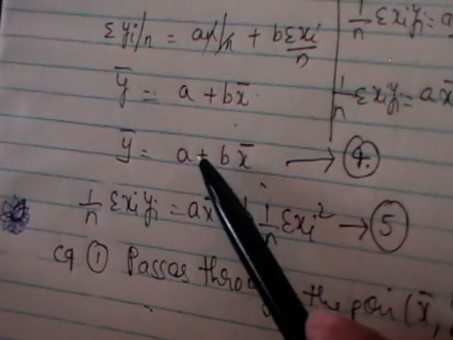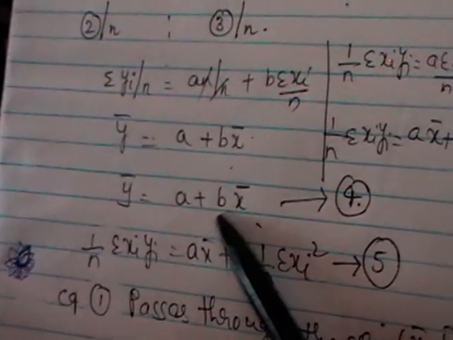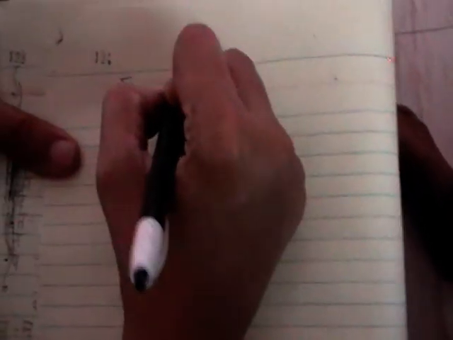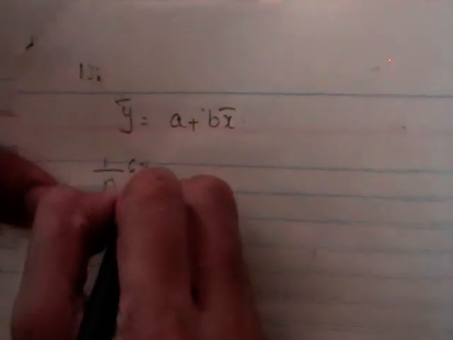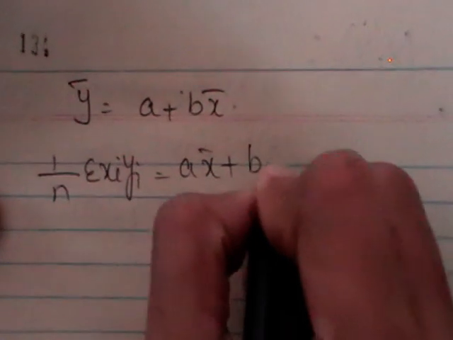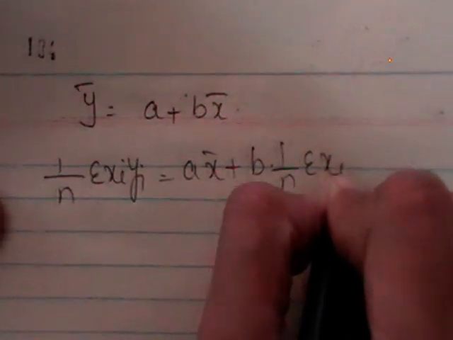What is your job? Actually, you need to find a comma b from these two normal equations. Let us rewrite these two equations again. What is equation number 4? Y bar is equal to a plus b x bar. And 1 by n sigma xi yi is equal to a x bar plus b into 1 by n sigma xi square.